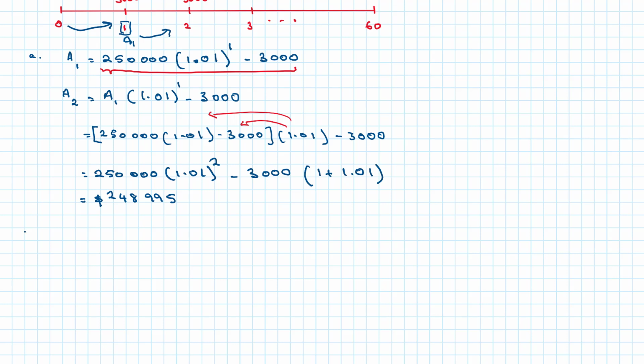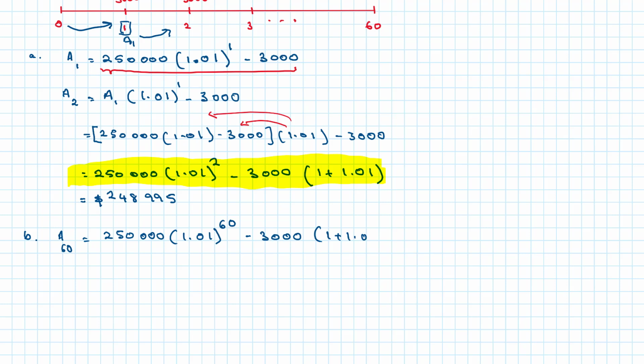For part B, I can now use my answer for part A. I am looking at this line where I've tried to establish a pattern, and from that I can conclude that A60 is 250,000 times 1.01 to the power of 60, minus 3,000 times 1 plus 1.01 plus 1.01 squared, up to 1.01 to the power of 59.